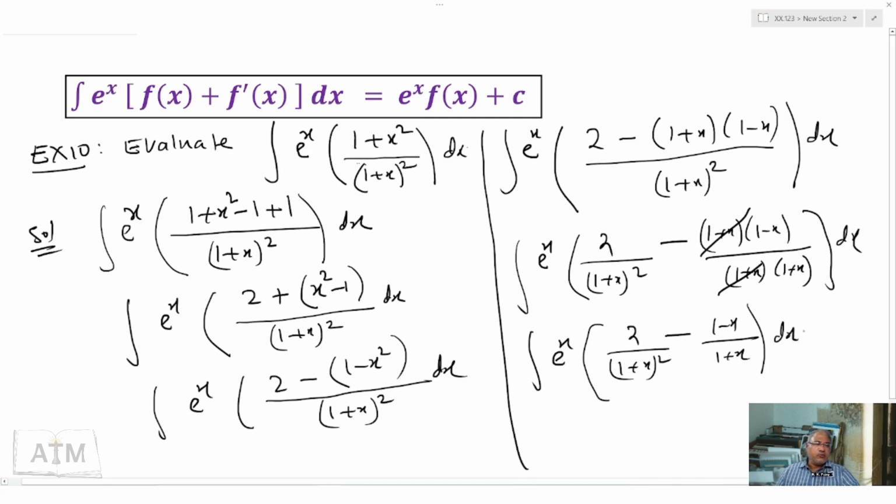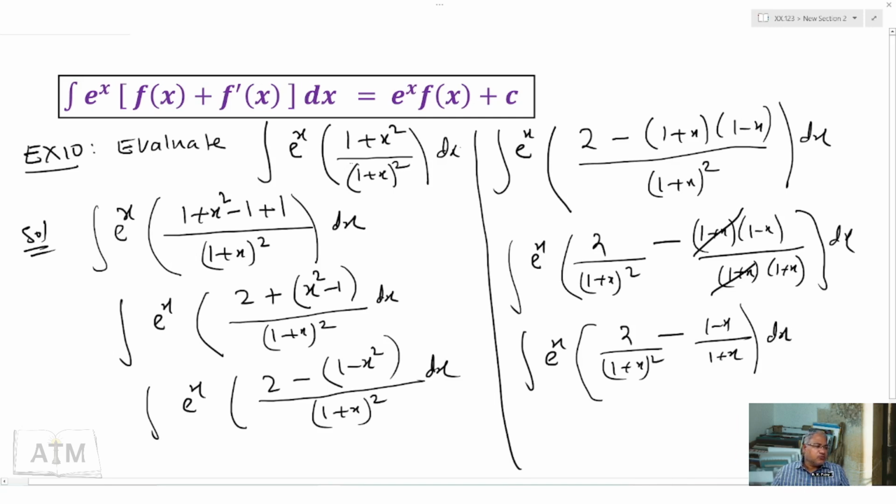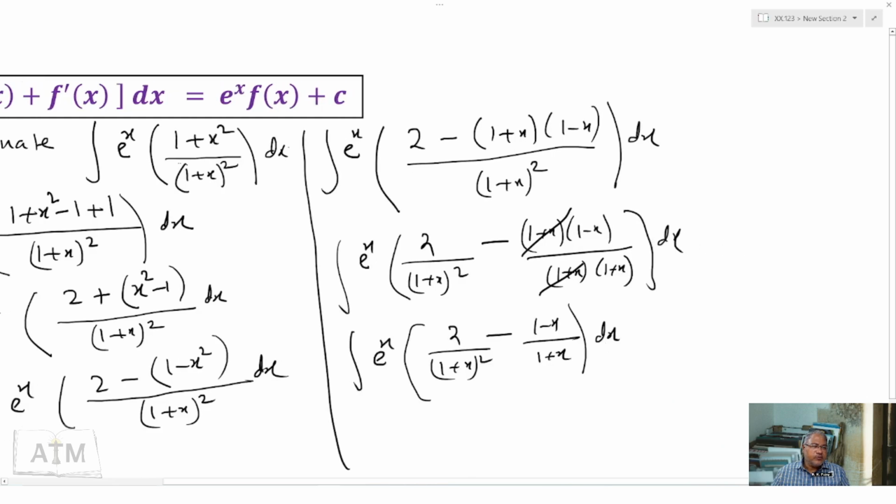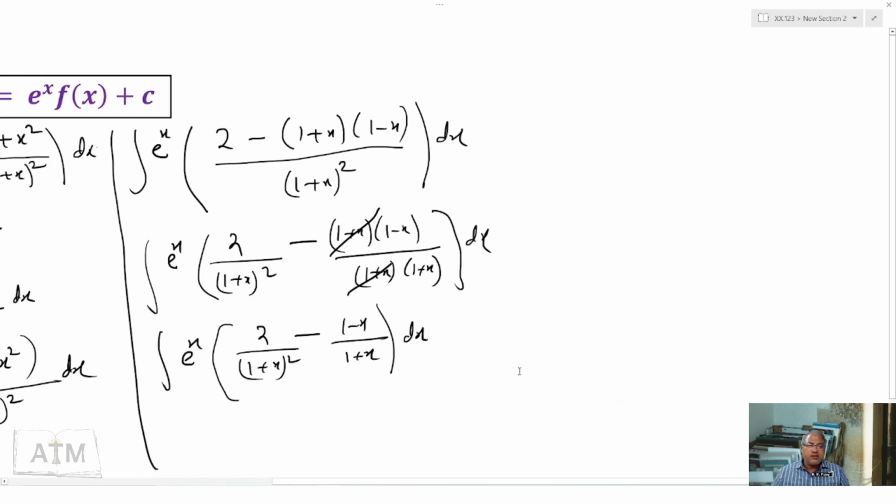After this, we have to decide what is f of x and what is f dash x. We can guess that (1 minus x) upon (1 plus x) can become f of x along with the minus sign. Here the denominator is (1 plus x) whole square, which certainly is the result of the quotient rule of derivative, providing 2 upon (1 plus x) square.